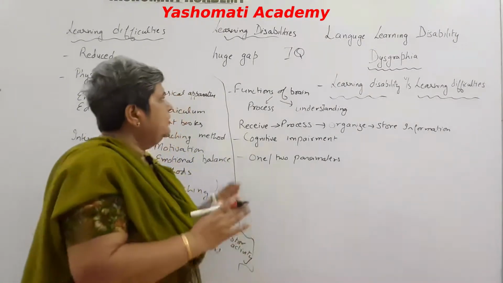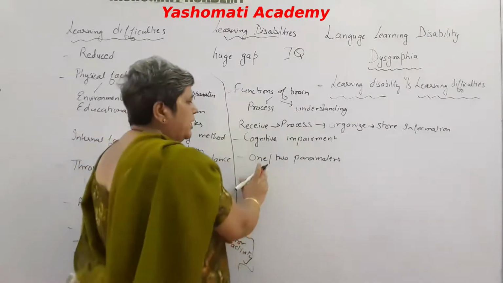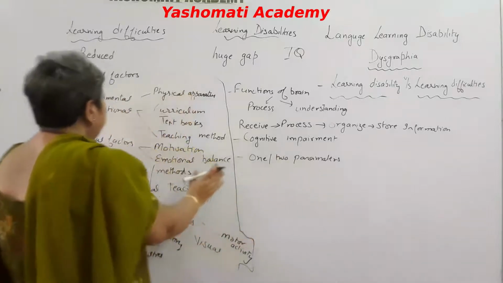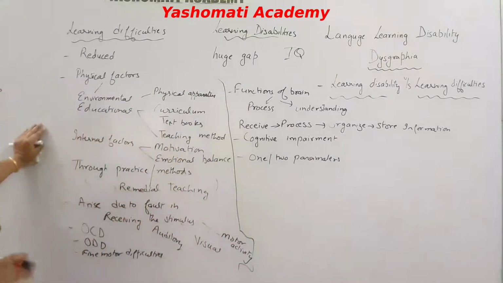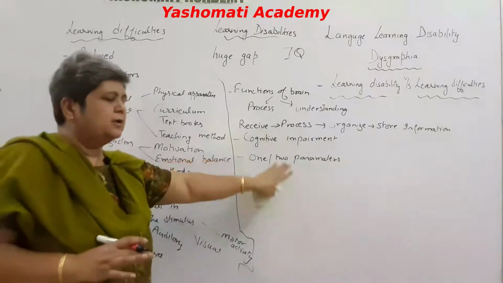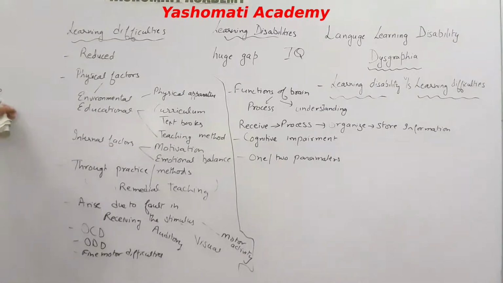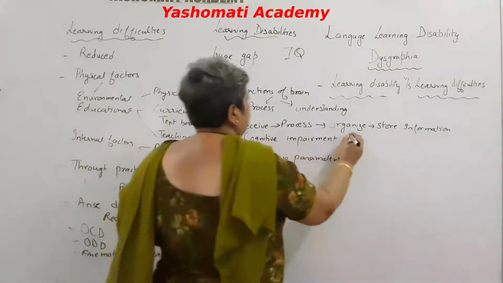So learning disabilities may affect only one or two parameters, whereas learning difficulties affect all the parameters. Because in this case some mental processes are blocked, the effect is seen only in those particular parts. This affects the intelligence across all the areas of life, or they may be neurological in nature.